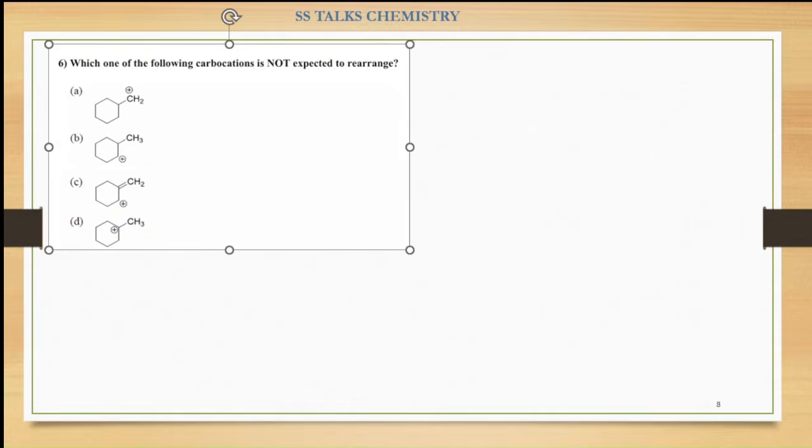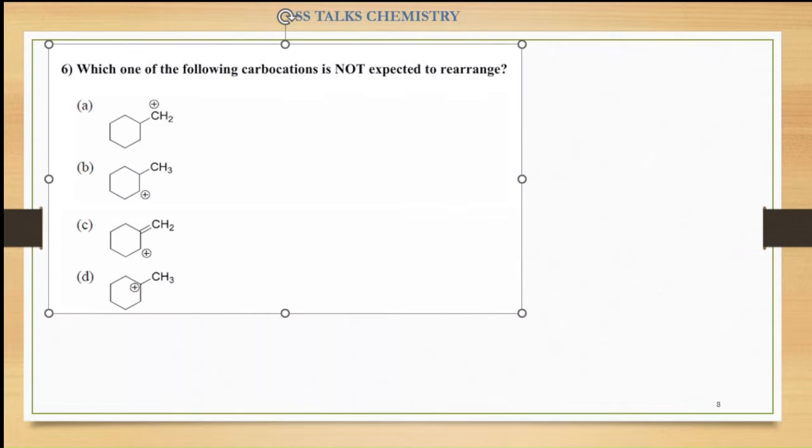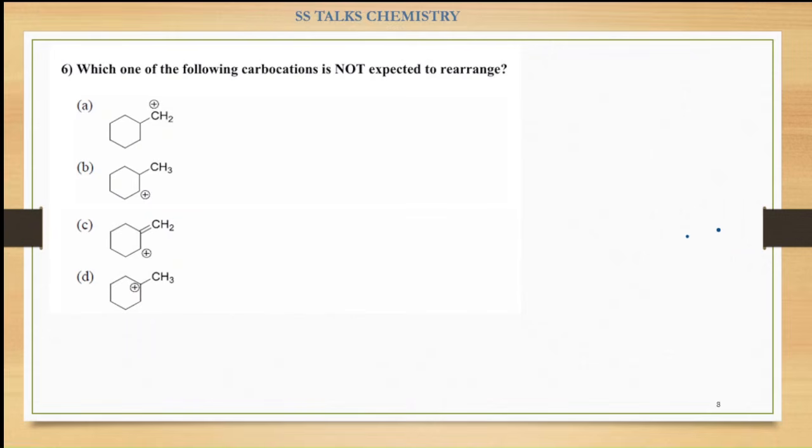Now this question is again asked on the basis of carbocation stability. The question is: which one of the following carbocations is not expected to rearrange? Whenever a rearrangement takes place in a carbocation, it is because you are getting a more stable carbocation.